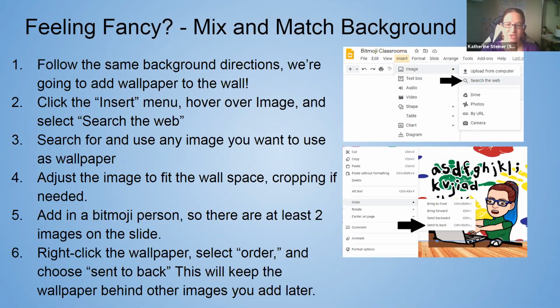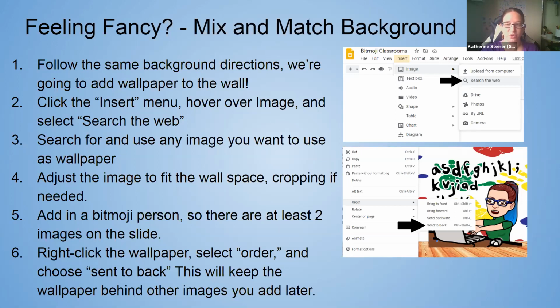Once you find that image you want, double click to insert it, and then you're going to need to make it fit. So you can drag it, make the size bigger, make it smaller, crop it if you need to. All of these things are part of the image toolbar. And then you're going to add in a Bitmoji person. We're going to talk about that in a minute. And then, if you're adding in a wallpaper, you need to change the order of the things you are putting on your screen.